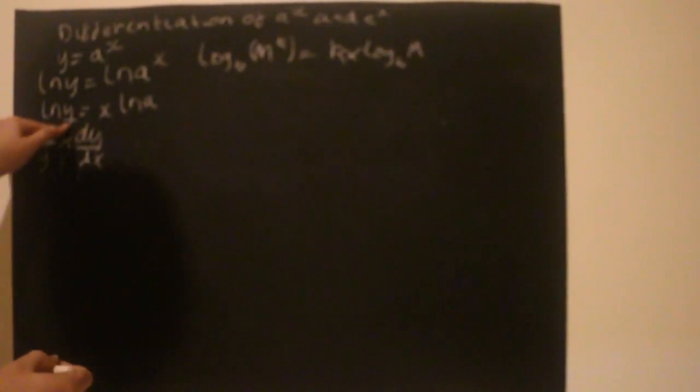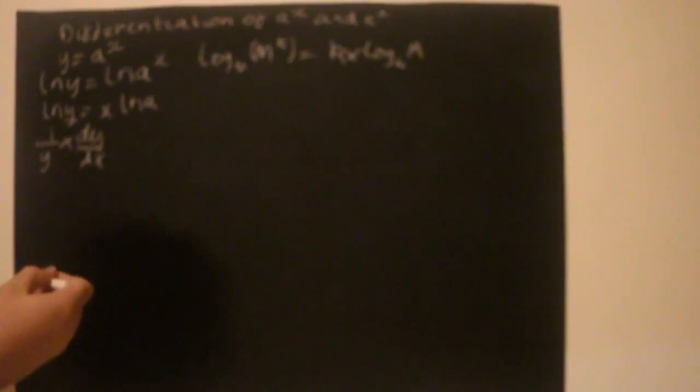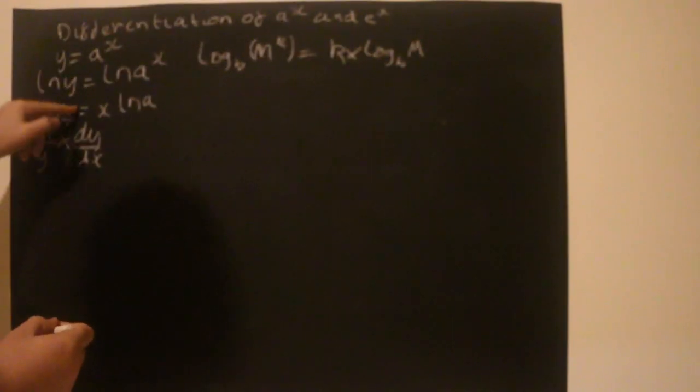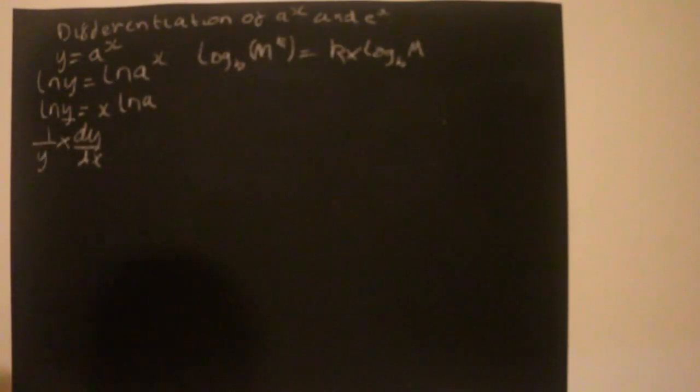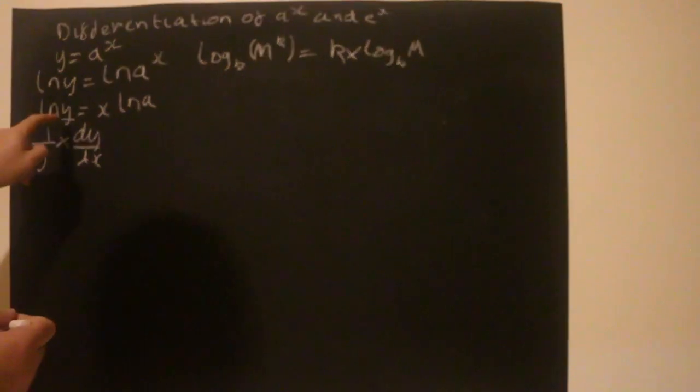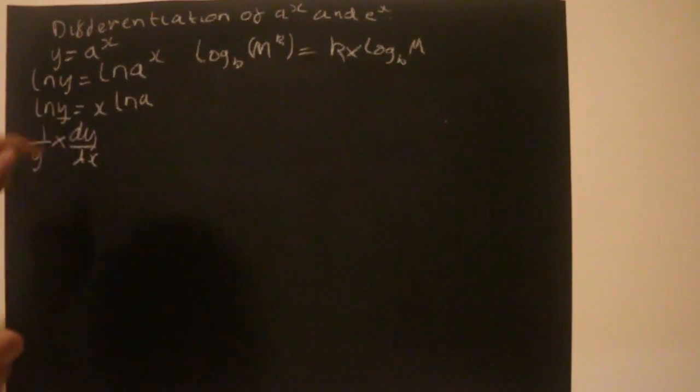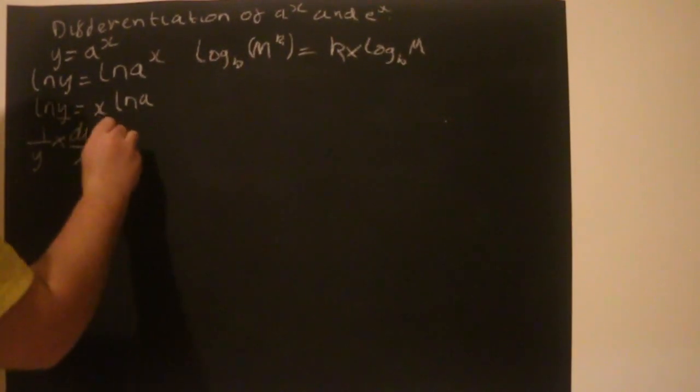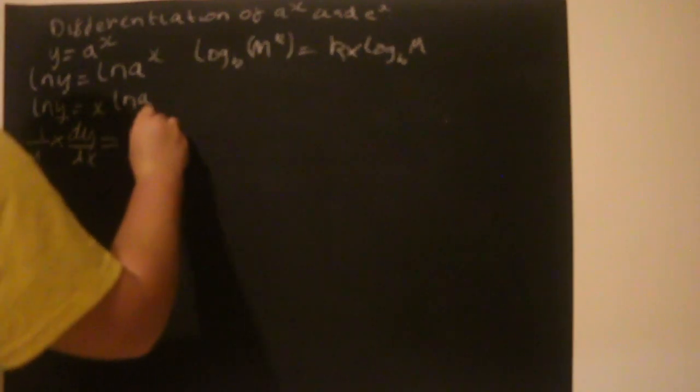So that's 1 over y, multiplied by the derivative of the inside function, is equal to ln a.